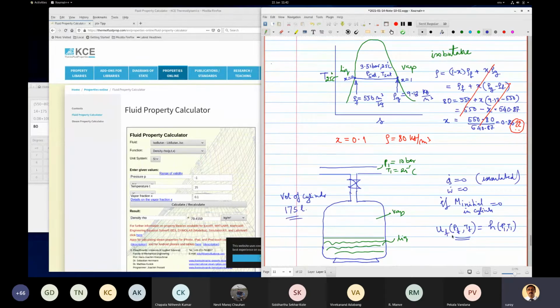We have to fill it up until the density rho inside becomes equal to 80 kg per meter cube. For that you have to get the PF and TF, and PF and TF we already know here.